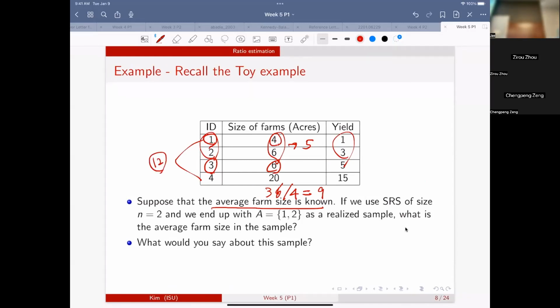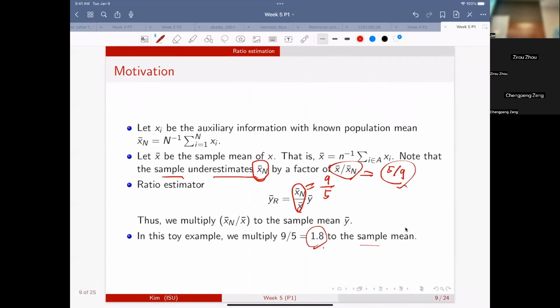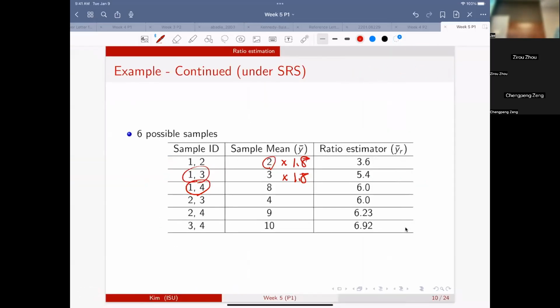But the population mean is 9. So the sample mean is greater than the population mean. So I should apply a multiplication of 9 divided by 12.